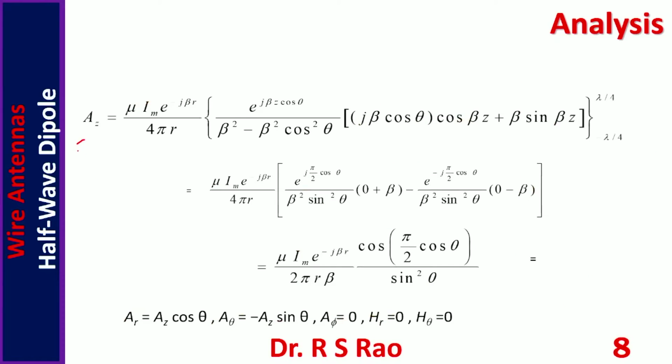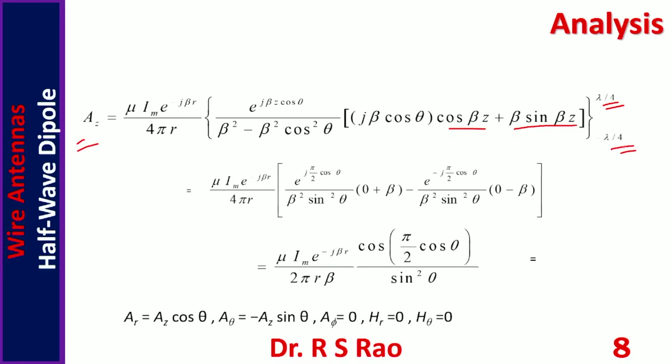Moving further, Az is equal to mu Im e power minus j beta r over 4 pi r into e power j beta z cos theta over beta square minus beta square cos square theta into j beta cos theta cos beta z plus beta sin beta z. Limits are minus lambda by 4 to lambda by 4. This is after integration.